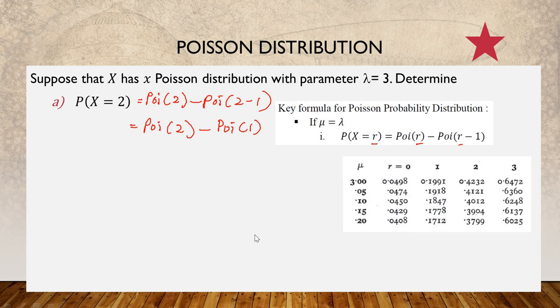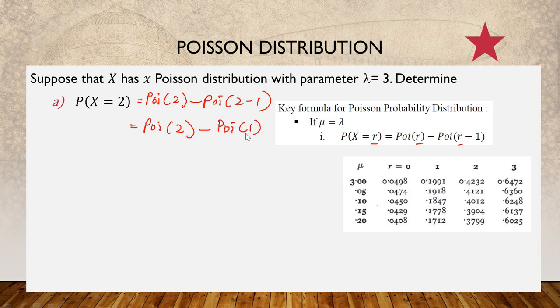For the Poisson distribution, open the Poisson distribution table. The table gives mu, not lambda. Here it is also written mu equals lambda, so our lambda is 3. Find mu equals 3.